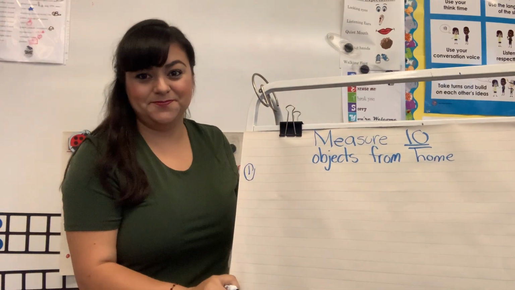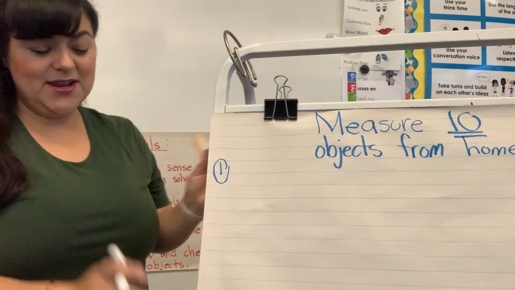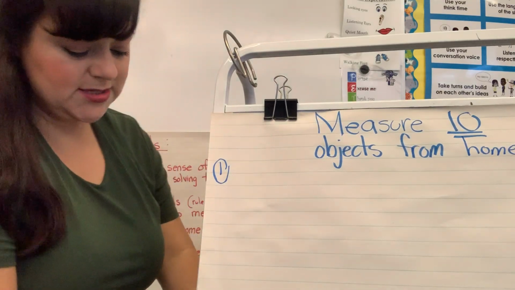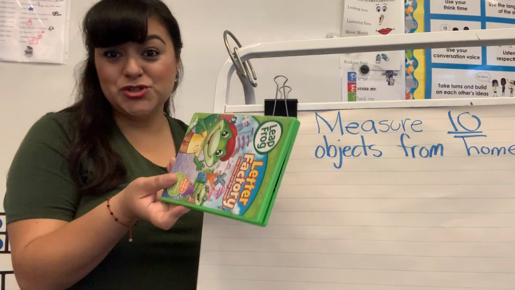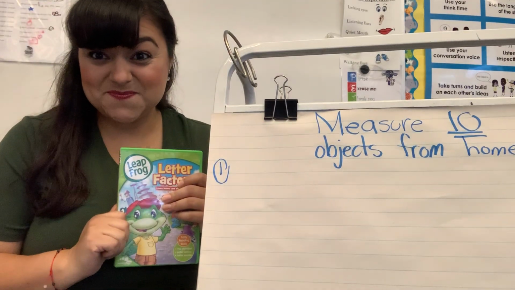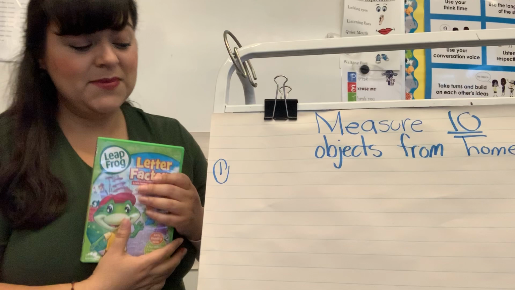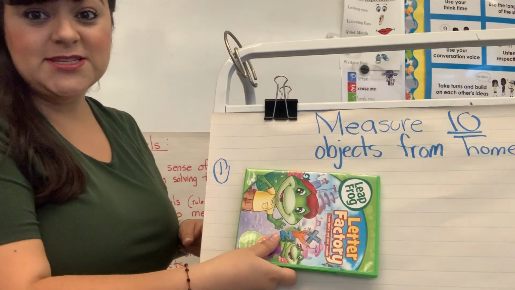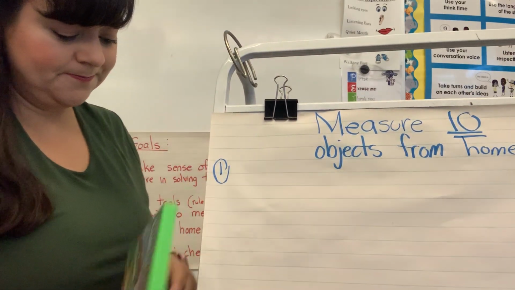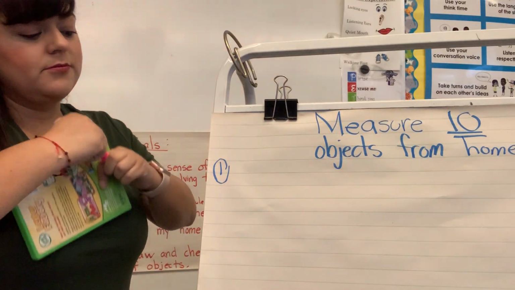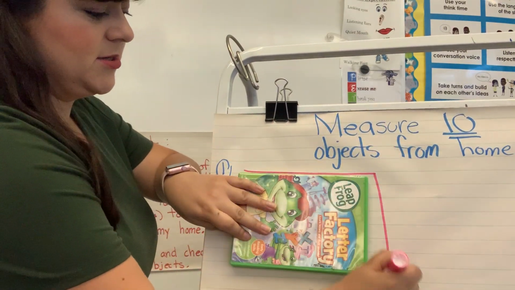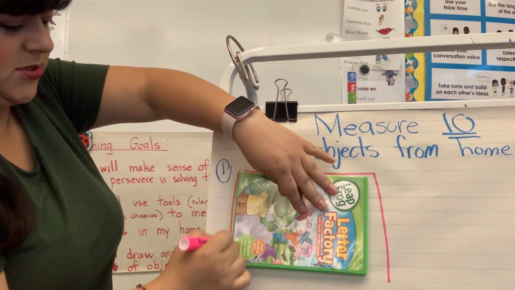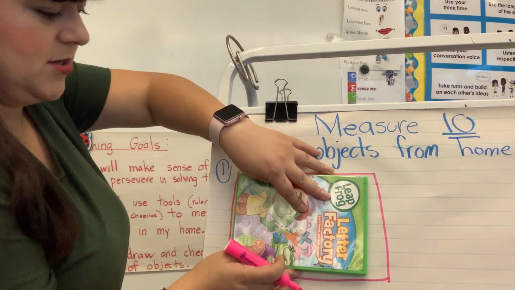Okay, so for example, number 1. Can you see that? Okay, so let's pretend I want to measure this DVD case that I have here at home, okay? So I'm going to draw my DVD case on the paper. Okay, let me draw that. Just gonna draw it.